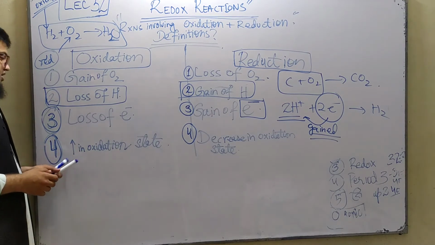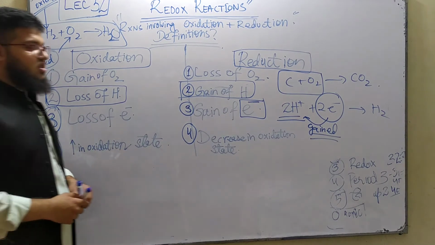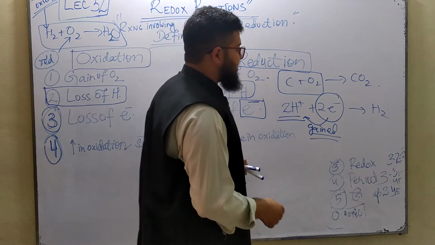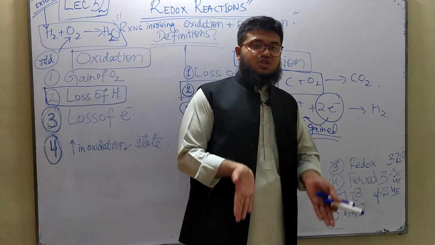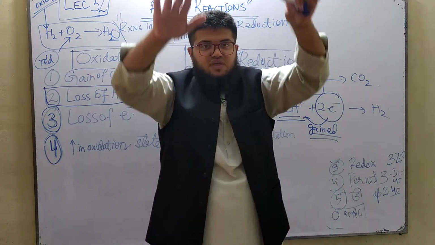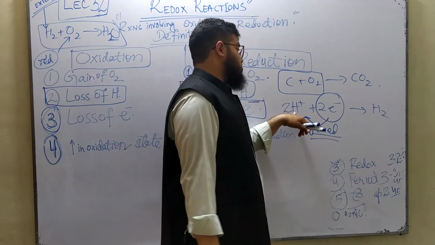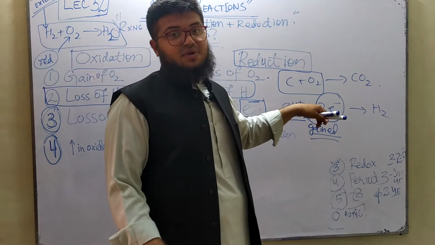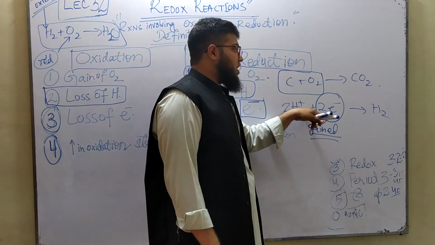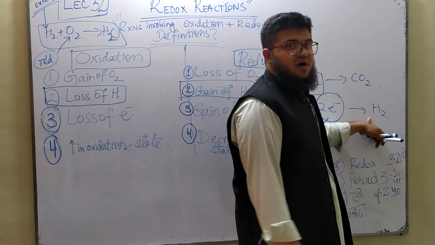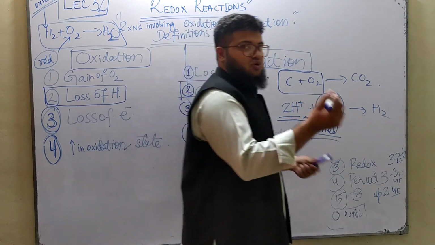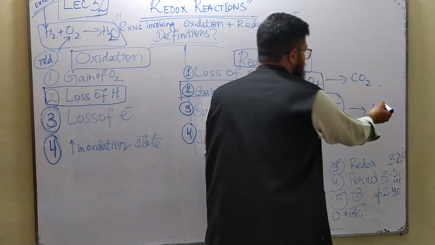Whereas if you look at it according to the fourth definition, if there is an increase in oxidation number, it's oxidation, and if there is a decrease in oxidation number, it's reduction. So the oxidation number of the proton is the same as its charge, which is +1, and the oxidation number of hydrogen gas, according to the rules which we'll be discussing in the next video, is 0.